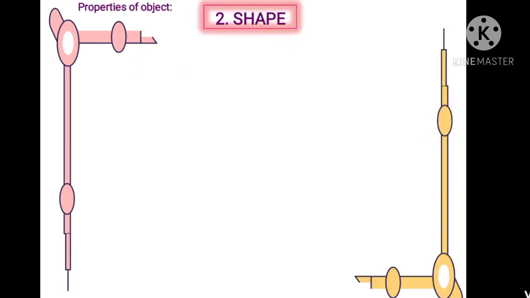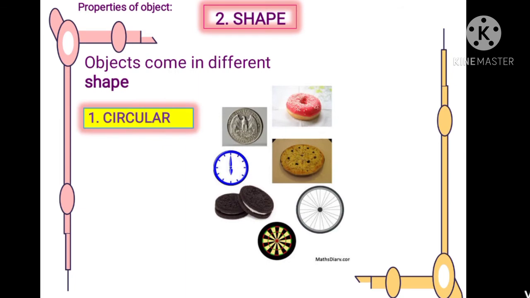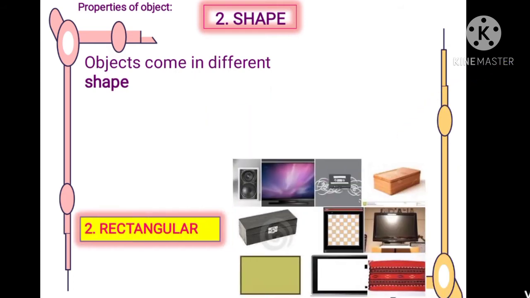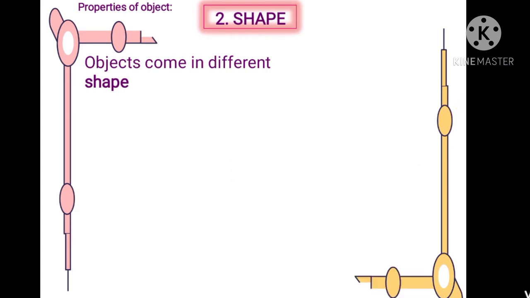Next, property of object number 2 is shape. Some objects come in different shapes, such as circular, like all things we can find around us: donuts, biscuits, coins, wheels, darts. What else? Rectangular. We can find our laptop, our TV screen, our sound system, our pillow. They are rectangular.